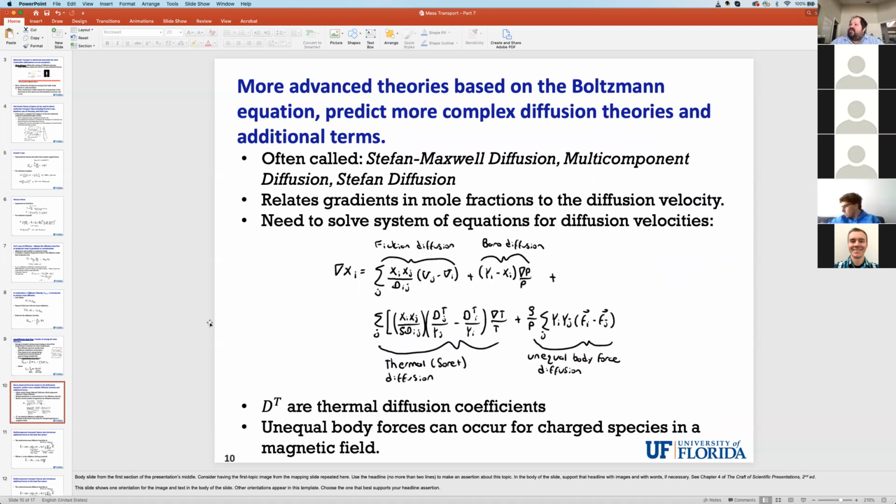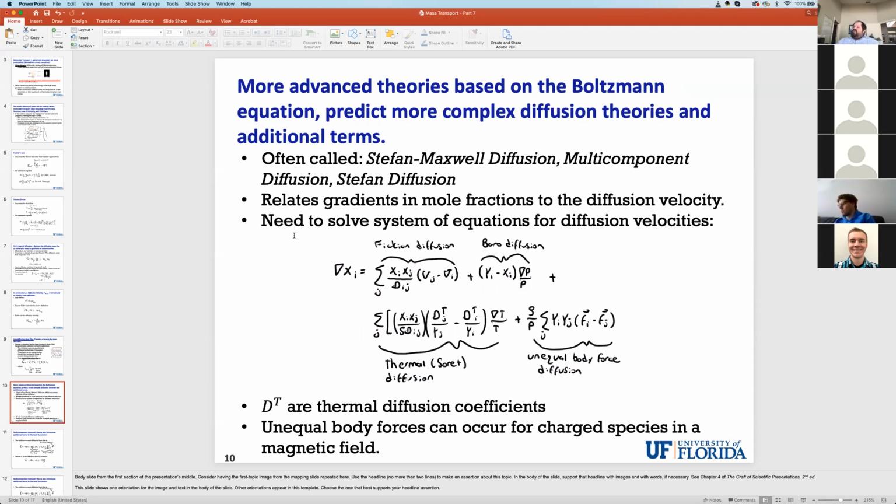Okay, and so more advanced theories are based on the Boltzmann equation itself. I'm definitely not going to get into that in this class. These predict much more complex diffusion theories and additional terms. This is called by several names: Stefan-Maxwell diffusion, multi-component diffusion, or sometimes just Stefan diffusion.